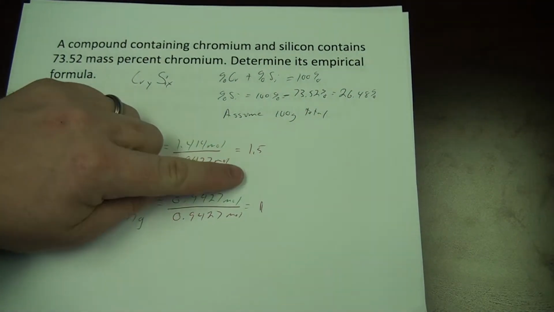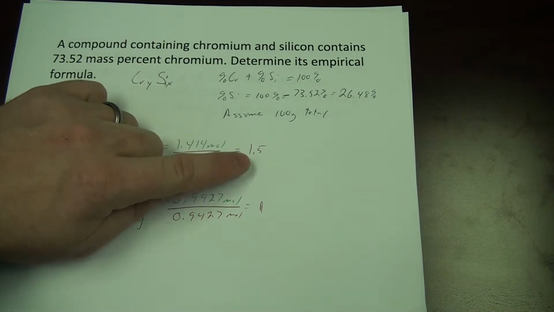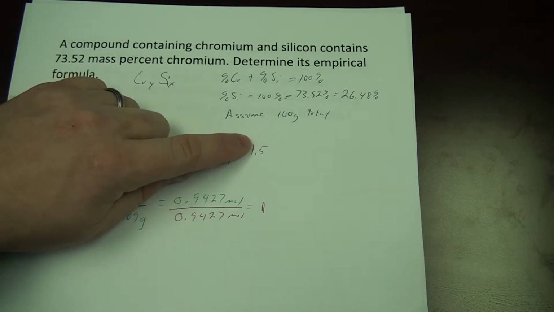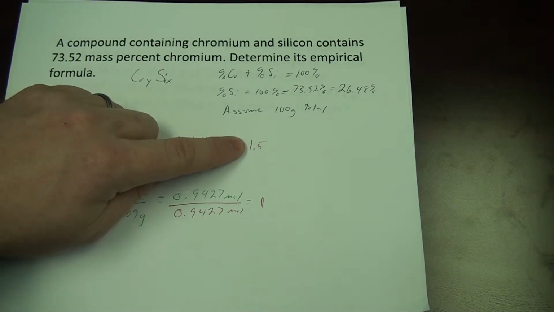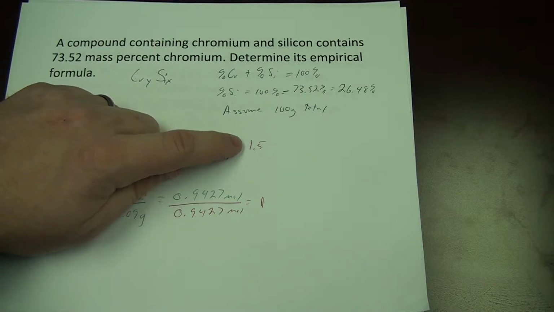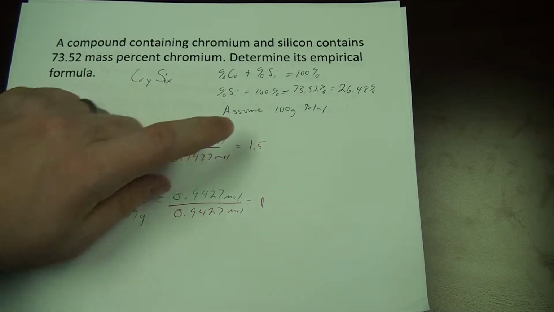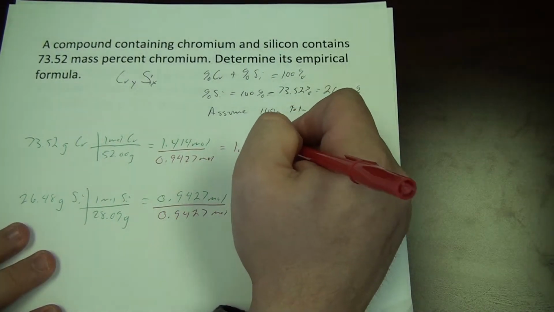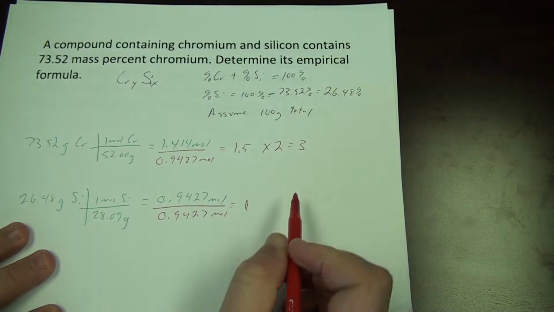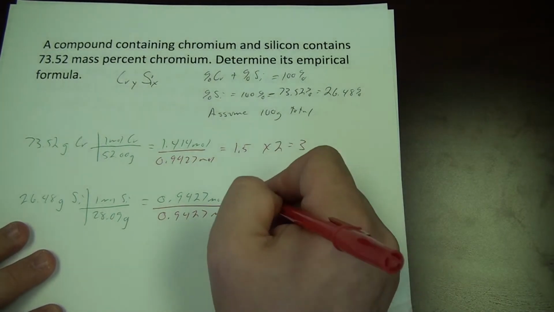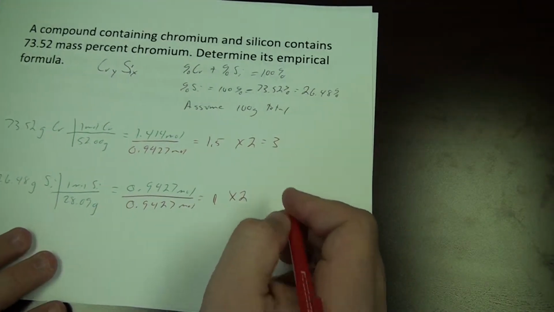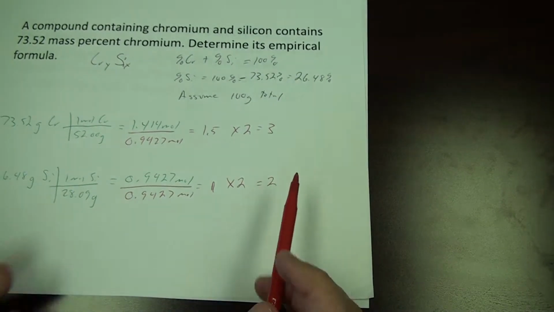We can't round that to 2 or round it down to 1. It's 1.5. So in order to get a whole number ratio, we have to make this a whole number. This is essentially 3 halves, so we take 3 halves times 2 to get a whole number, which would be 3. But it's a whole number ratio between both of these, so we also have to multiply this other ratio by 2 to give us 2.